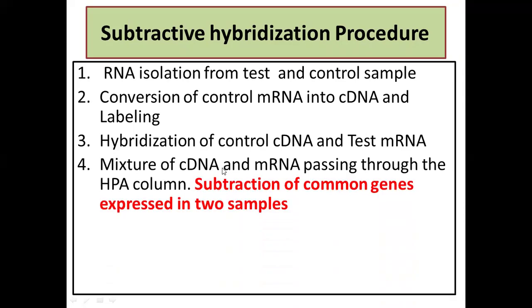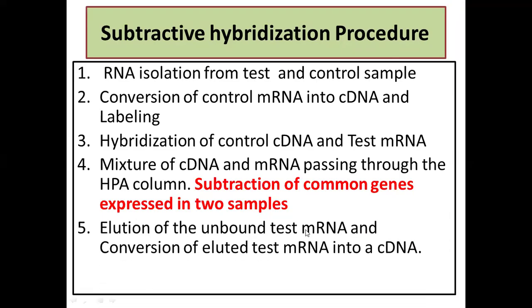Mixture of cDNA and mRNA passing through the HPA column, that is a hydroxyapatite column. Here, subtraction of the common genes which are expressed in two samples happens. So you remove the gene set which is common between the test and the control. That's what happens by hybridization.